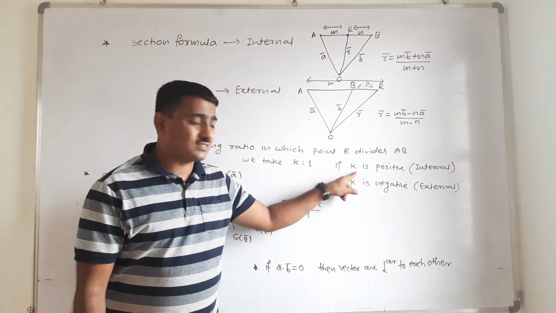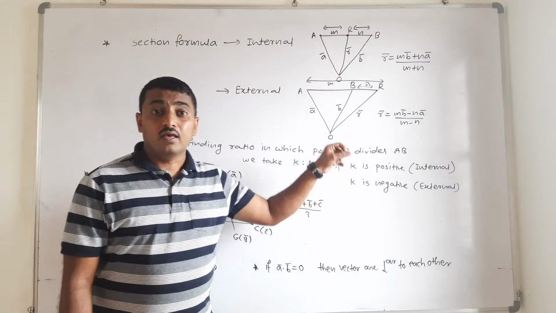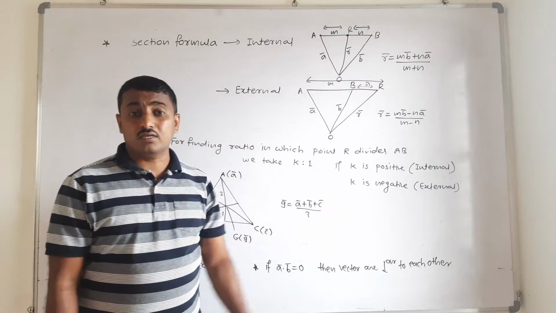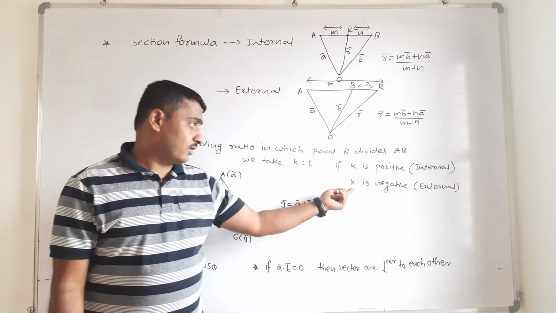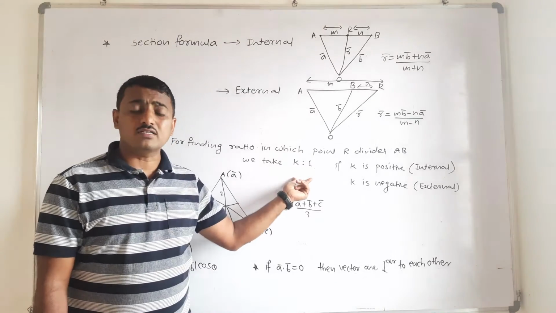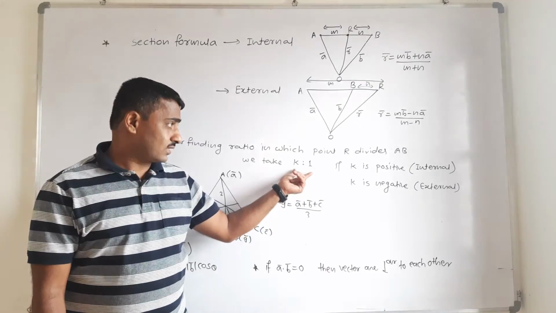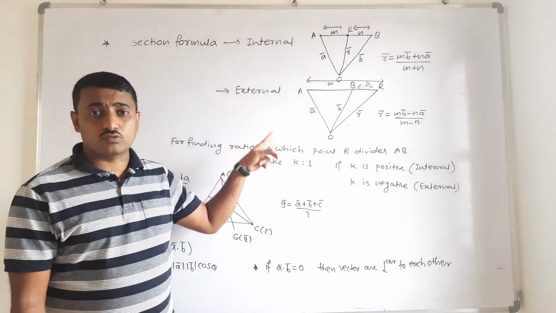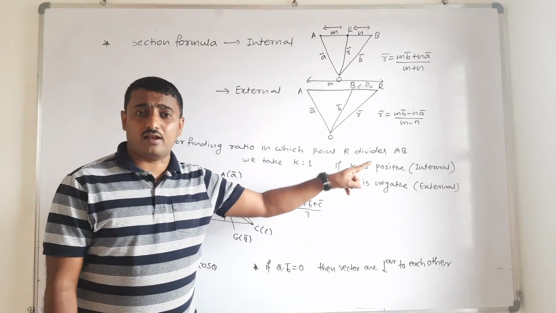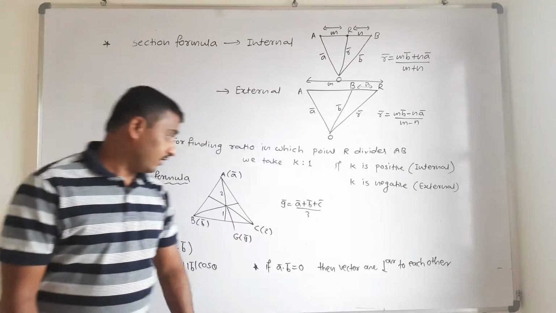If k is positive, then division is internal division. If k is negative, then division is external division. म्हणजे रेशो विचारला असेल तर k:1 सपोज करायचा आणि इंटरनल फॉर्म्युला डायरेक्टली यूज करायचा. जर k ची व्हॅल्यू पॉझिटिव्ह मिळाली तर इंटरनल डिव्हिजन, k is negative then external division.